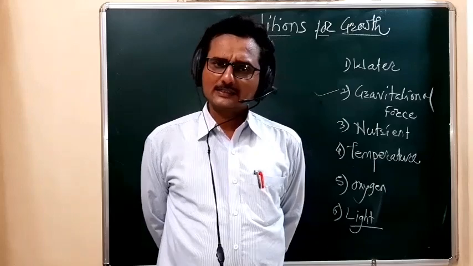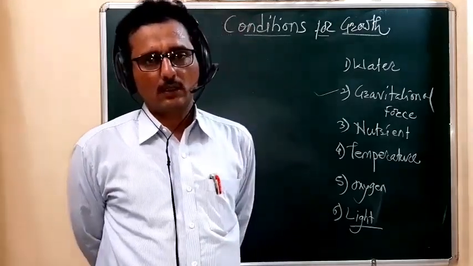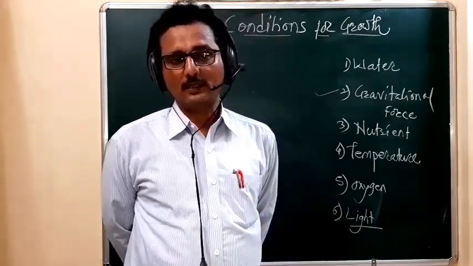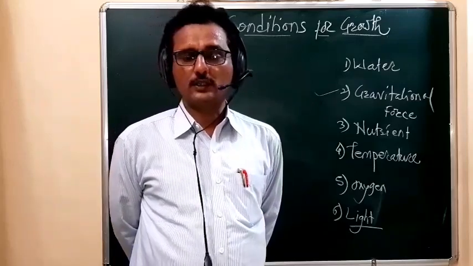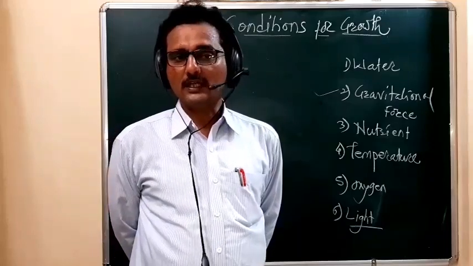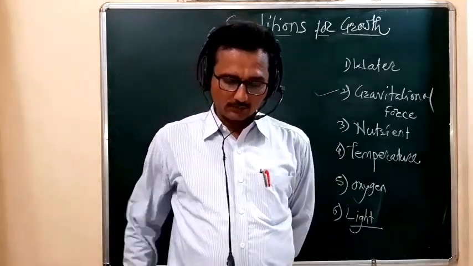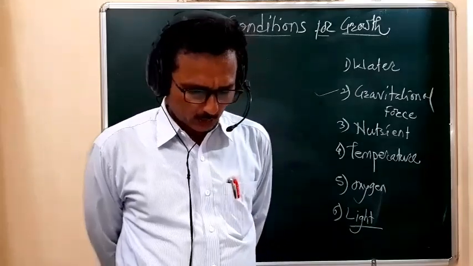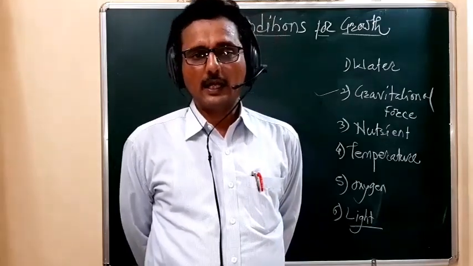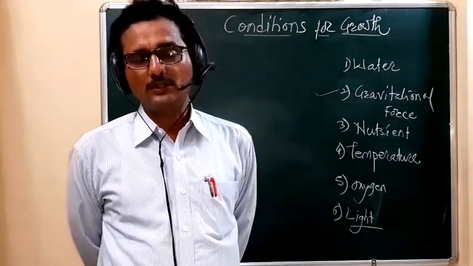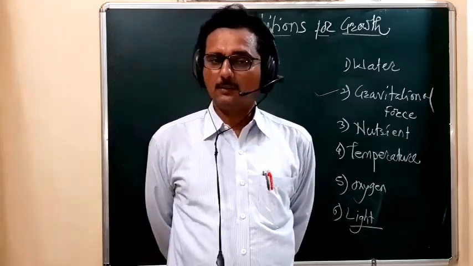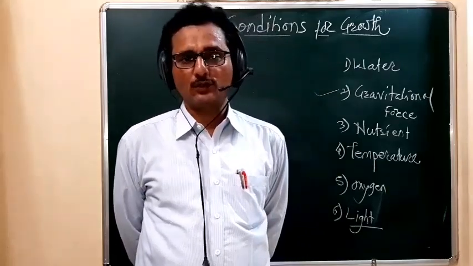We have seen in the previous topic that there is a requirement of the major nutrients and the minor nutrients. In total, 10 macronutrients are required and 6 micronutrients are required, and these 16 nutrient elements are required for the normal growth of the plant.